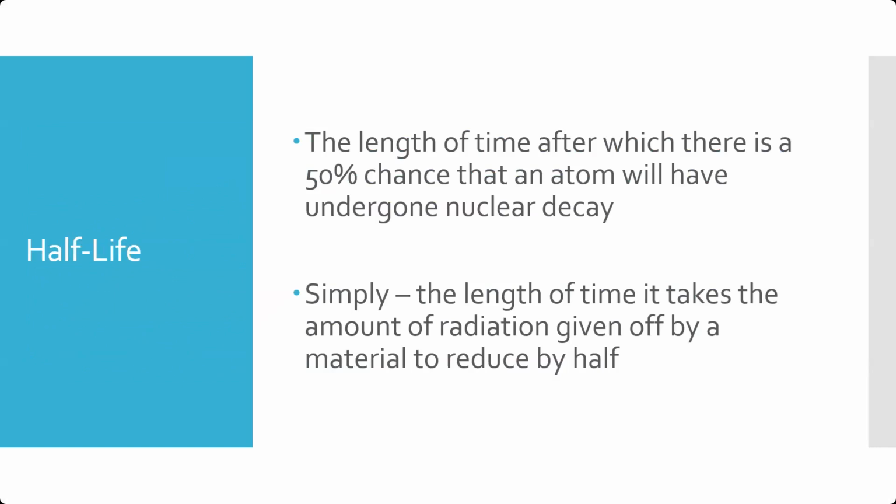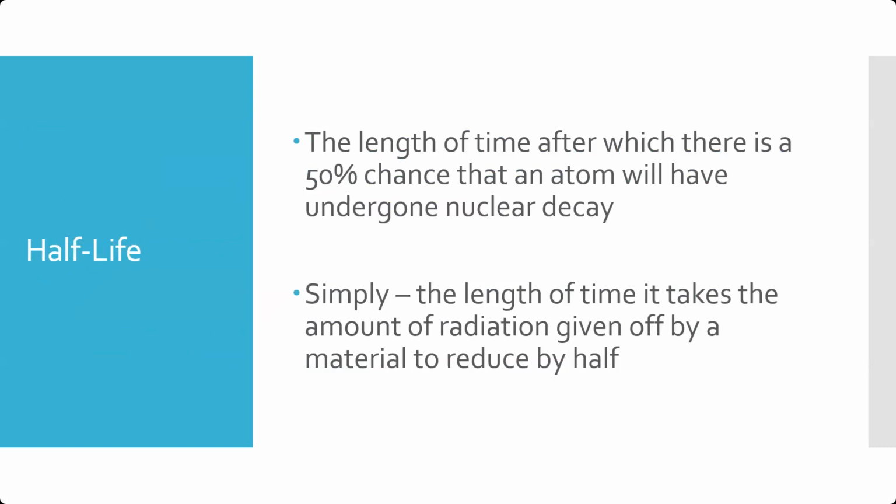So the half-life is a statistical model. It's based on statistics. It's the length of time after which there's a 50% chance that a specific atom within that lump of material has undergone nuclear decay.